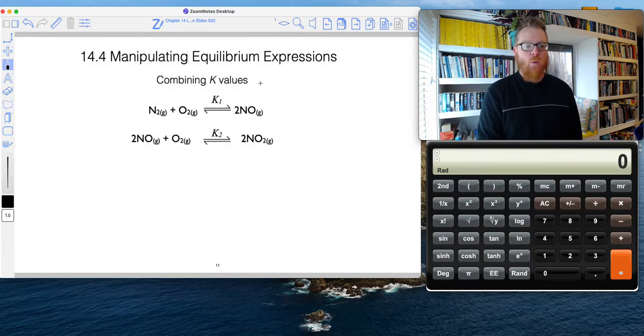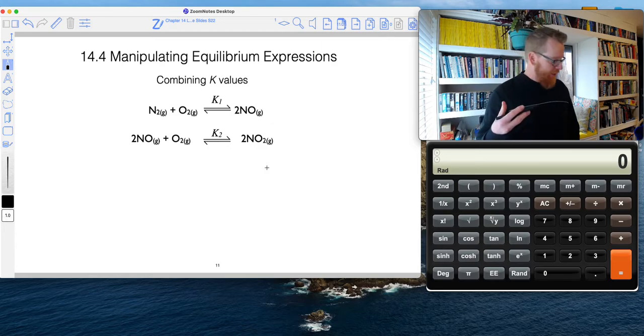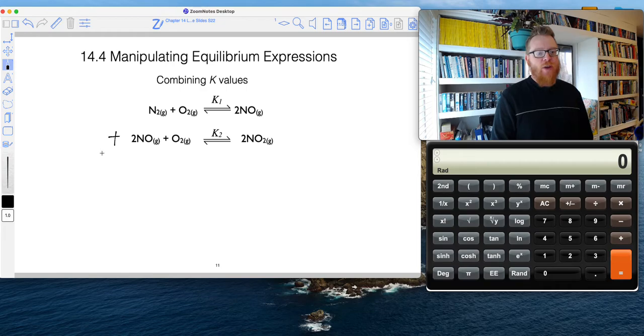And the final thing we'll talk about with manipulating K values is, what if I have a set of reactions that then ends up getting added together, okay? So for example, we can add these two reactions together to get some total reaction.